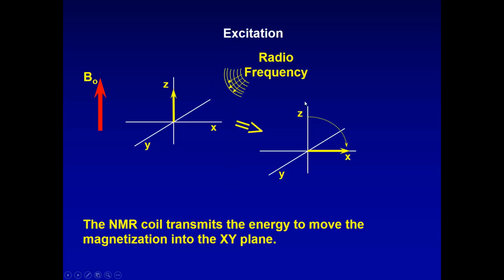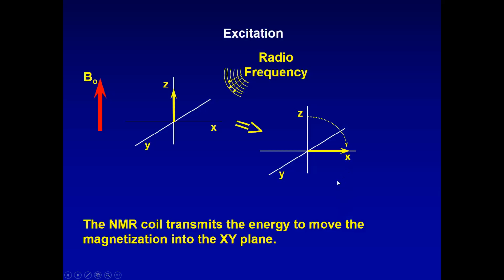When we apply an oscillating magnetic field, oscillating at the Larmor frequency of whatever nucleus we're looking at at that magnetic field strength, it causes the net magnetization to rotate away from the z-axis.